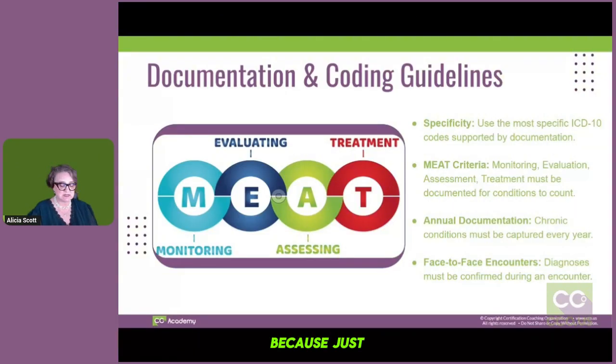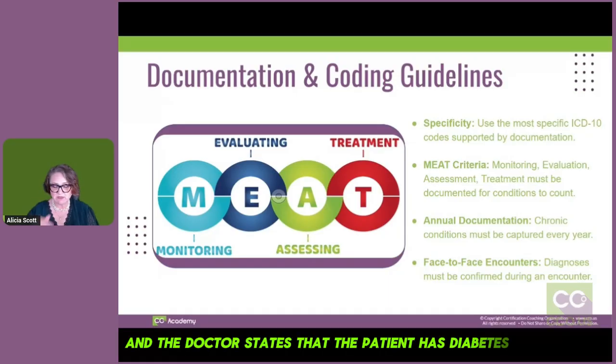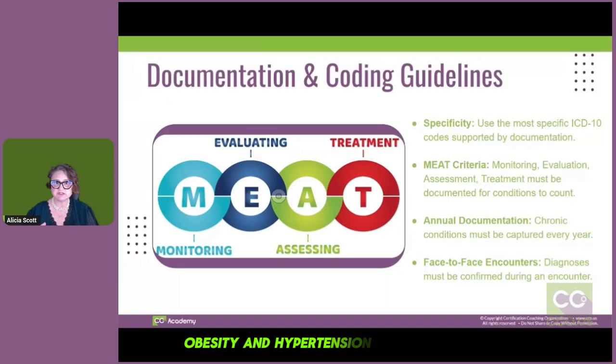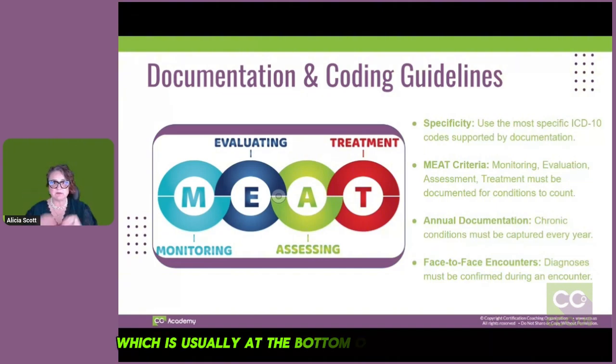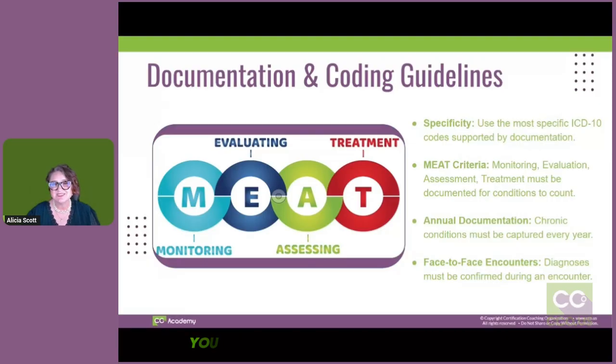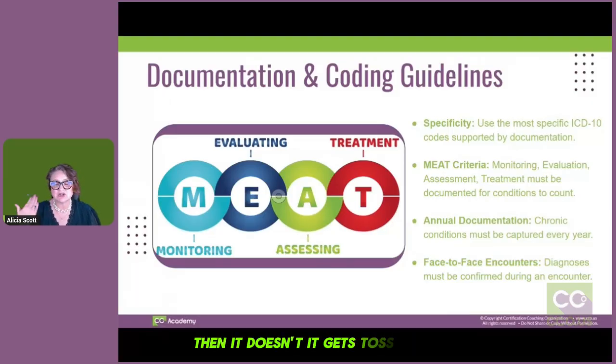When you look at the documentation for a patient having an office visit, and the doctor states that the patient has diabetes, obesity, and hypertension in the A&P, the assessment and plan of the patient, which is usually at the bottom of the documentation, if they don't tell you what they're doing about it, you can't actually code for that. You have to have a thread. In risk adjustment, you have to be able to prove the diagnosis. And if you can't, then it gets tossed out.